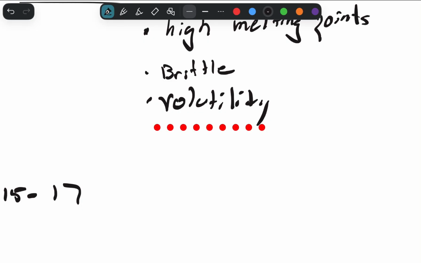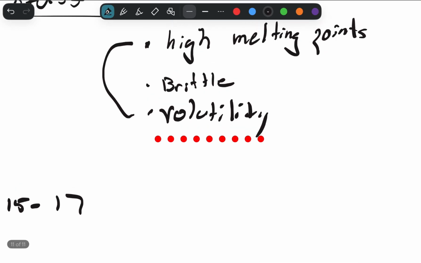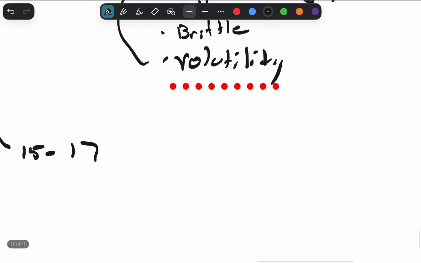Volatility is talking about how it vaporizes, right? How easy it is to vaporize or melt. And so it links back to the high melting points. High melting points means it's not volatile. It's not easy to boil. And they are soluble in water.